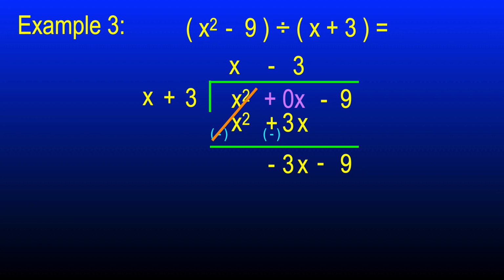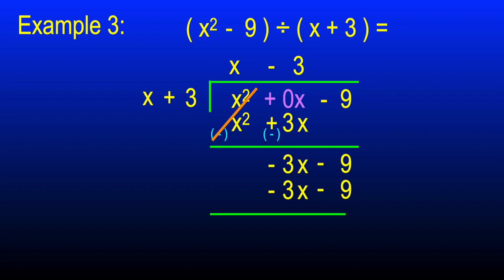And then, multiply again. Yung x sa divisor multiplied by negative 3 sa quotient. So, the product is negative 3x. Tapos yung positive 3 sa divisor, imumultiply natin sa negative 3 sa quotient, negative 9.